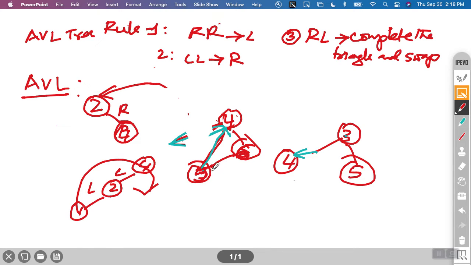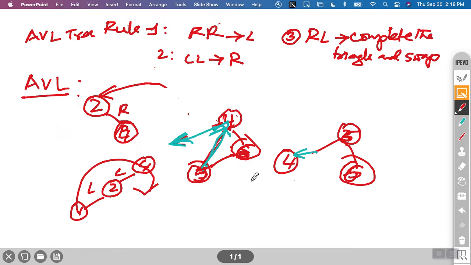So the concept is that now it works. I have 4 over here, and then 6 over here, and then we encounter 5. 5 will come on the left side of 6, right? And then in that case, 5 will go over here, and then 4 will come over here. Then this is 6, and this is 5.